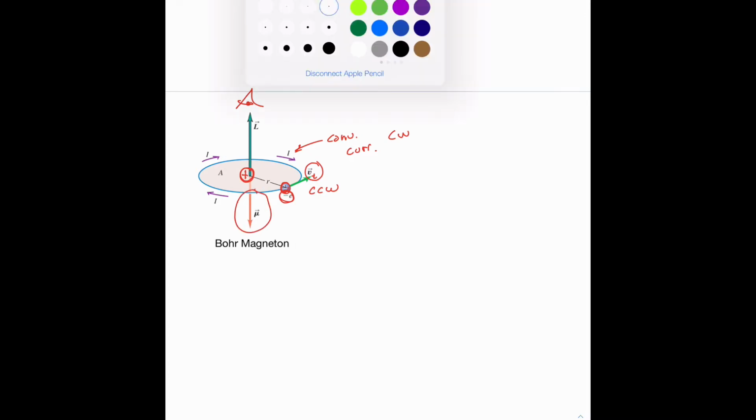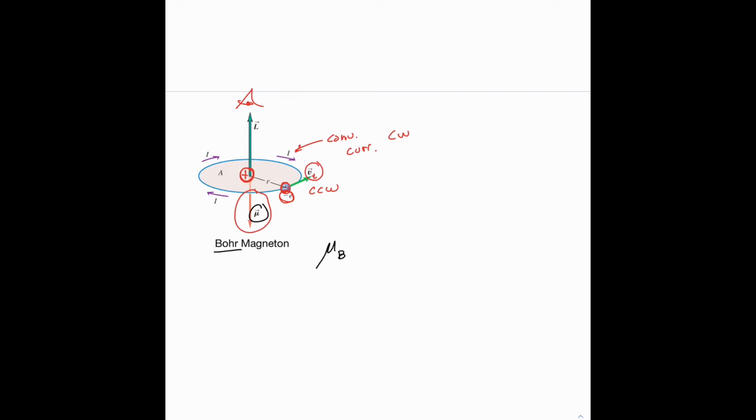What I'd like to do is come up with an equation that we can use to calculate exactly what value is the magnetic dipole moment of this hydrogen atom. Whatever that is, we'll call it mu subscript B, and the B here is a reminder of the Bohr model of the hydrogen atom. So the Bohr Magneton is the value of the magnetic dipole moment associated with an electron orbiting in the hydrogen atom.